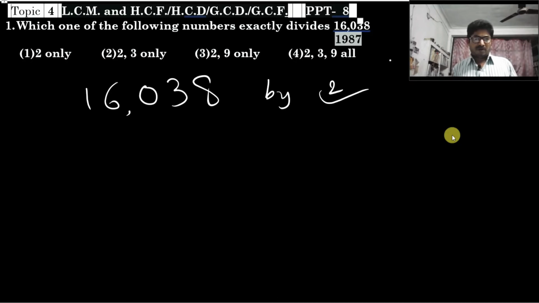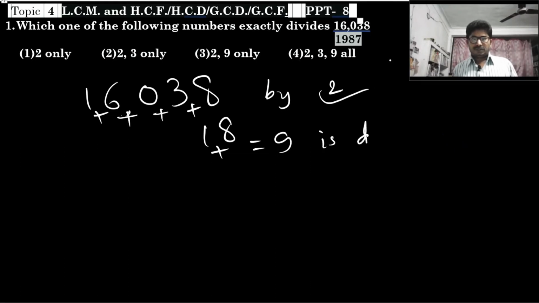And the sum of all the digits: 1 plus 6 is 7, 7 plus 3 is 10, 10 plus 8 is 18. 18 means 1 plus 8, 9. So the digital root is 9.